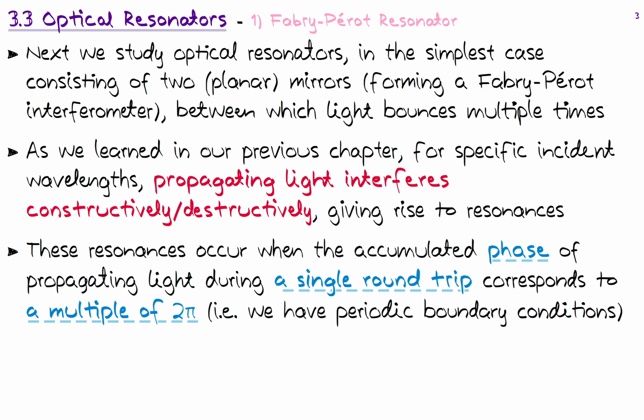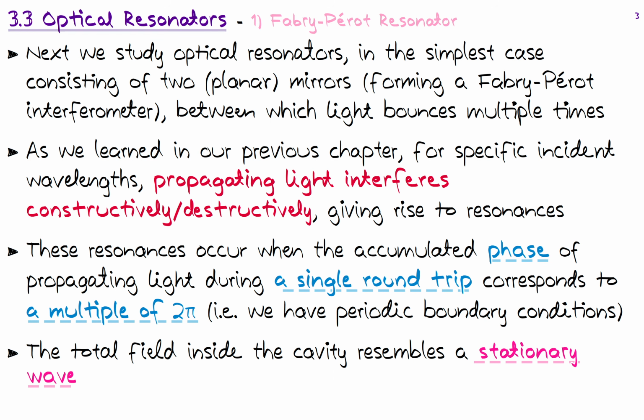That's the case. The condition that gives rise to multiple peaks is that a single round-trip phase accumulation corresponds to a multiple of 2 pi within the laser resonator, which arises from the periodic boundary conditions imposed by the two mirrors. When we have periodic boundary conditions, the total field inside the cavity basically resembles a stationary wave.